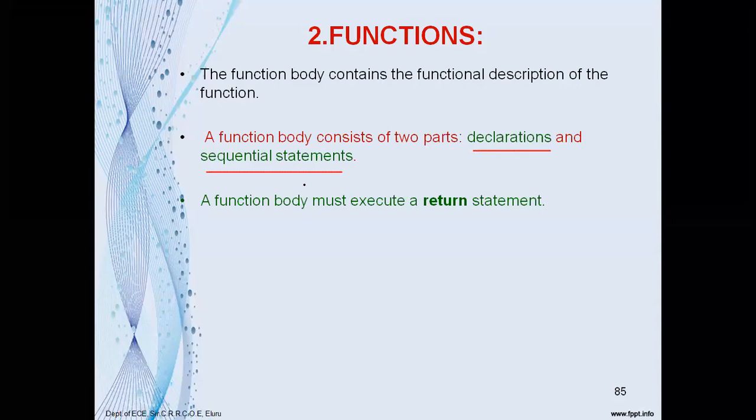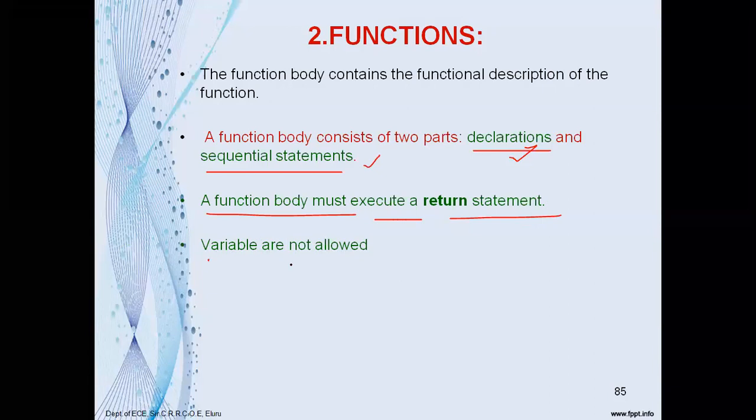Don't get confused here. Function declarations have declarations, and in the function body also it is optional. You can give declarations if needed, otherwise directly statements will be written. And very important is that a function body must execute a return statement because the function returns a single value. And variables are not allowed in the functions.